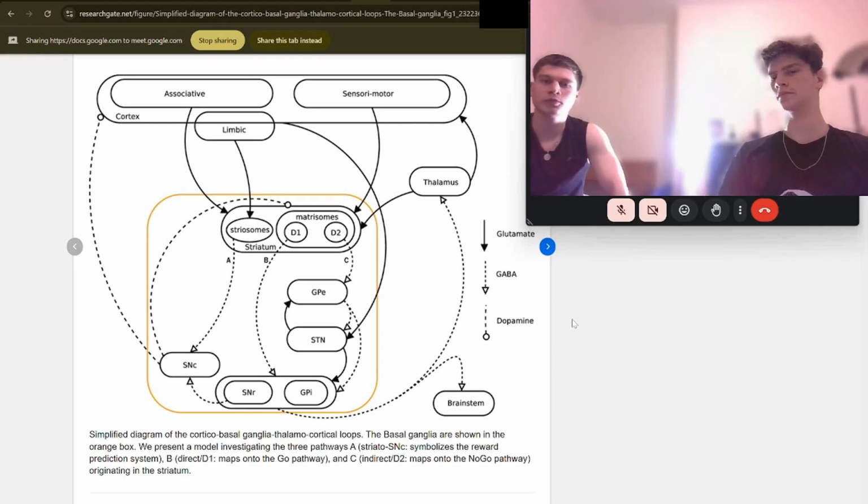The primary loops in this circuit arise between the primary motor cortex and the premotor areas. So your premotor cortex and your supplementary motor area. These regions take in your higher processes, so integrating parietal lobe sensory inputs.